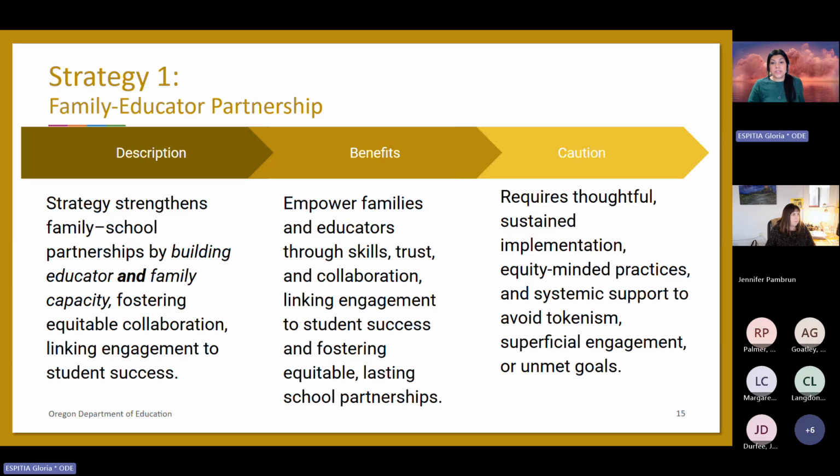Building capacity, trust, and relationship takes time, and clear goals and evaluation are essential to avoid tokenism. We as educators should approach shared decision-making with cultural humility, with accessibility, and maintaining confidentiality to ensure authentic, ethical, and sustainable family and school collaborations.